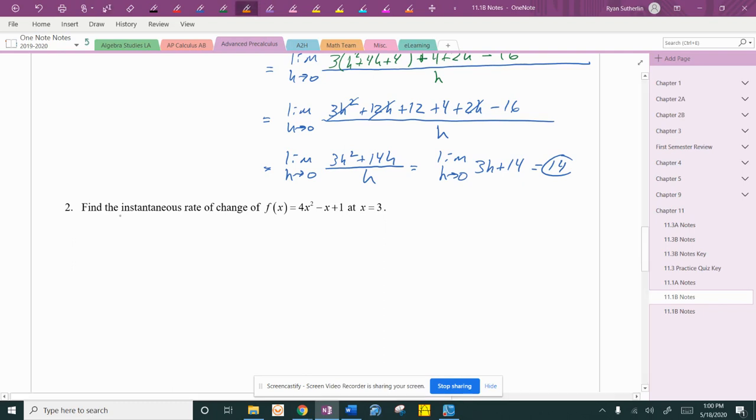So instantaneous rate of change at x equals 3 is just telling you find the derivative at 3. So when you find the derivative, we always do the limit of the difference quotient. So I have the limit as h approaches 0. F of the a value is 3. So f of 3 plus h minus f of 3 all over h. And then you go through the same algebraic process that you see above. So try this for problems 2, 3, and 4 and see how you do with it.